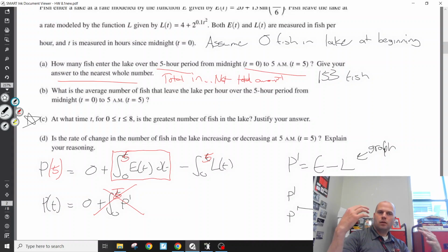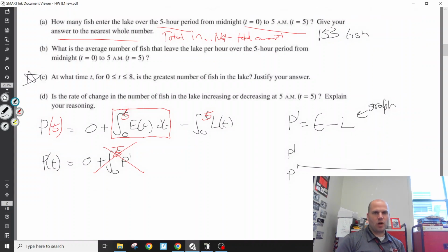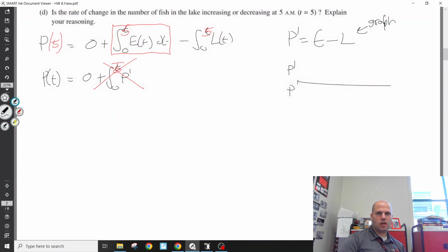From 0 to 8, when is the greatest number of fish in the lake? Justify your answer. Okay, this is when we need a sign analysis. P prime sign analysis, maxes. Everybody, for part C, you need to have one of two things.